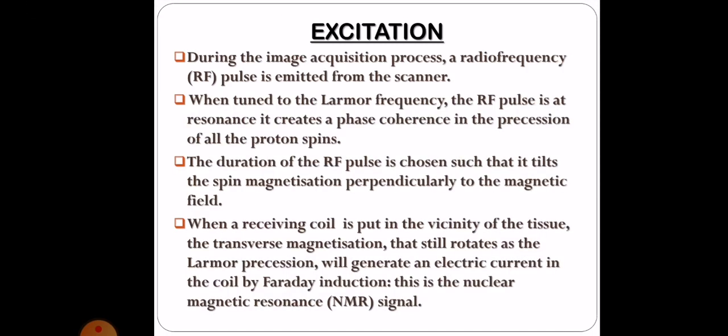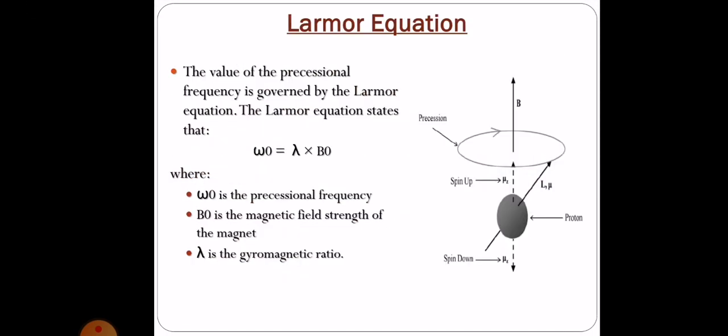So now we have to know about these terms also. That is precessional frequency. Each hydrogen nucleus that makes up the net magnetic vector is spinning on its own axis, and the influence of the magnetic field produces an additional spin or wobble of the net magnetizing vector around it.